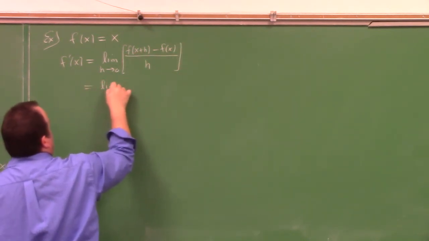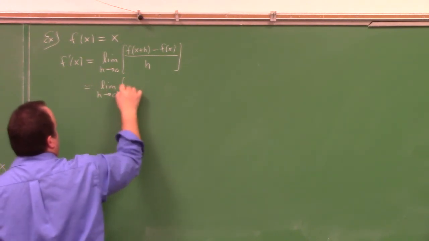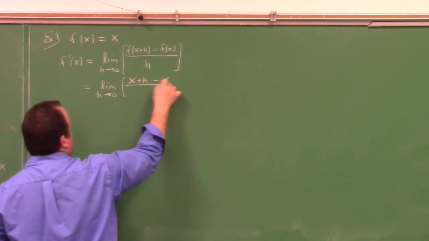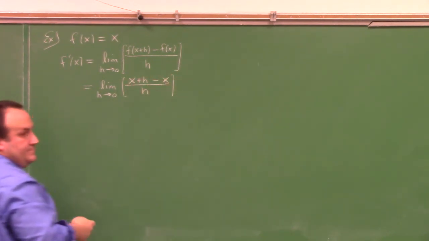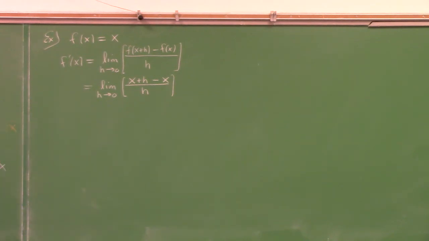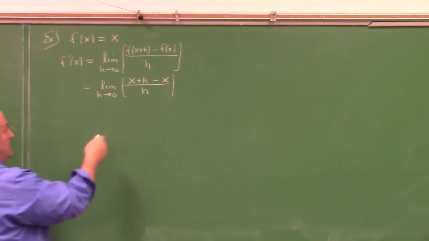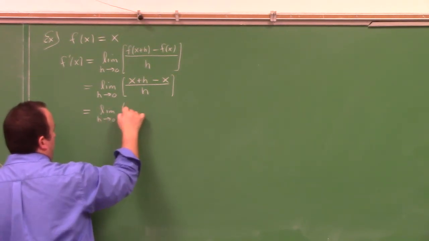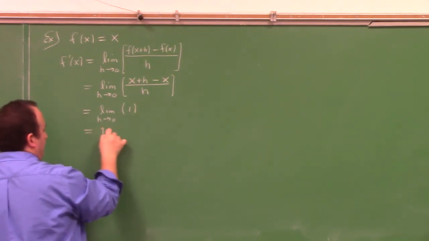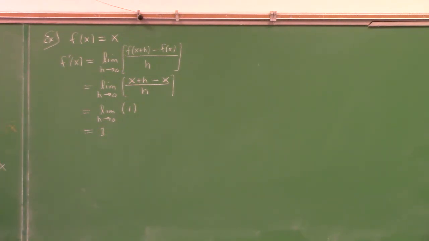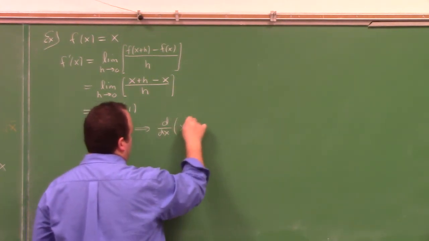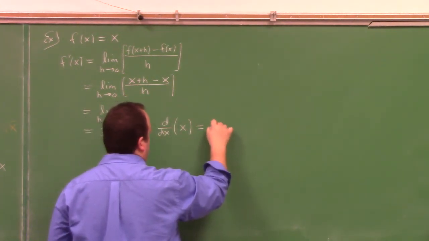So for this rather silly case, that's very easy to calculate. That is x plus h minus x. So the x's do what? They cancel, right? And then the h's reduce. And we get limit as h goes to 0 of 1, which is 1. So this calculation shows us that the derivative with respect to x of x is equal to 1.